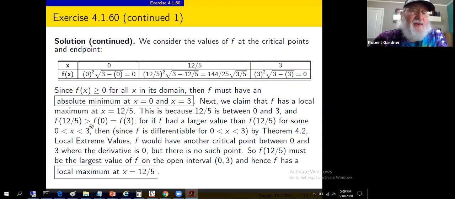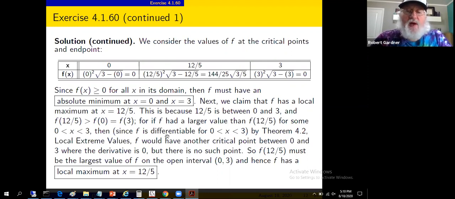The function value is bigger than f of 0 and bigger than f of 3. If f had a larger value than 12/5 for something between 0 and 3, if the function got bigger than this somewhere between 0 and 3, then we'd have a local maximum.